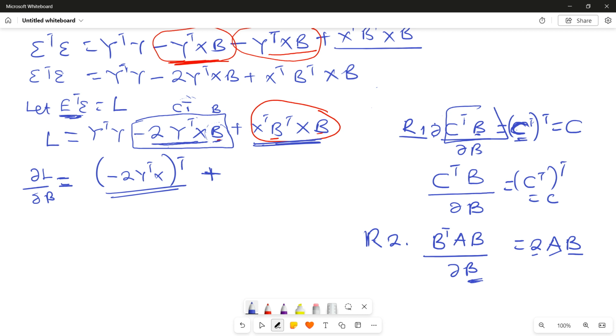Let me rearrange this like the one in the second rule. That term is like saying b transpose x transpose x multiplied by b. It's just a matter of arrangement. Remember, this is multiplication, and with multiplication the order of arrangement doesn't matter. 2 times 3 is still 3 times 2.